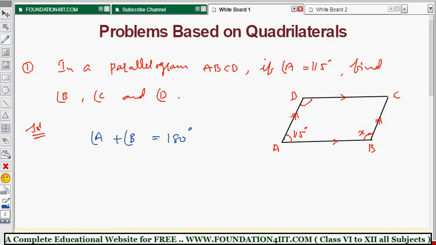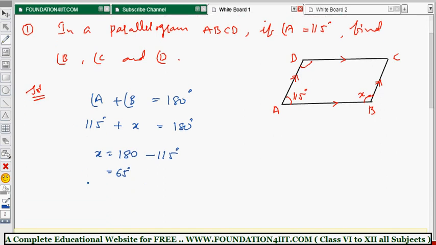Always the sum of adjacent angles, co-interior angles, is 180. Angle A is 115 degrees plus angle B, which I took as X, is 180 degrees. Then X is equal to 180 minus 115, which is 65. Angle X is 65. Therefore, angle B is equal to 65 degrees.